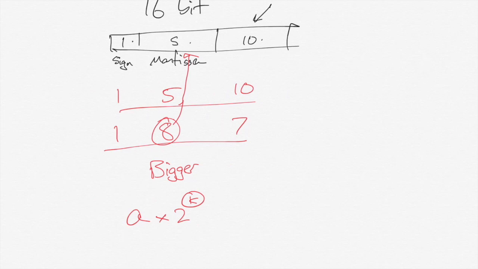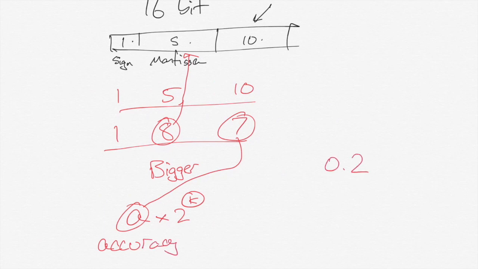Why don't we do that all the time? Well, because this 7 here is the number of bits allocated to A, and that's going to be our accuracy. So remember how we can't represent 0.2 perfectly in binary. It's going to be a recurring fraction, a recurring binary point that goes onwards and onwards.